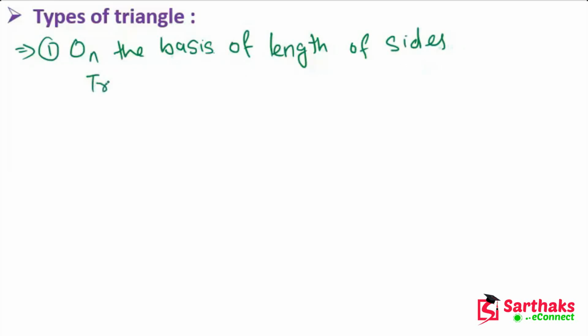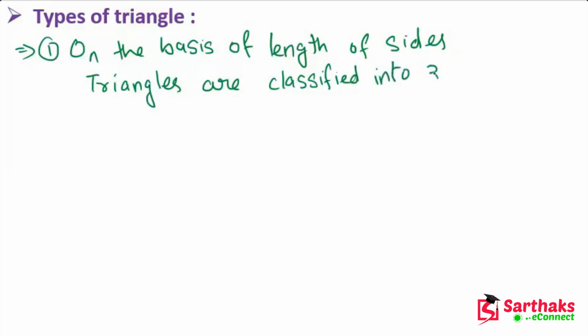Triangles are classified into three parts. What are these parts? First is the scalene triangle. Now what is a scalene triangle?